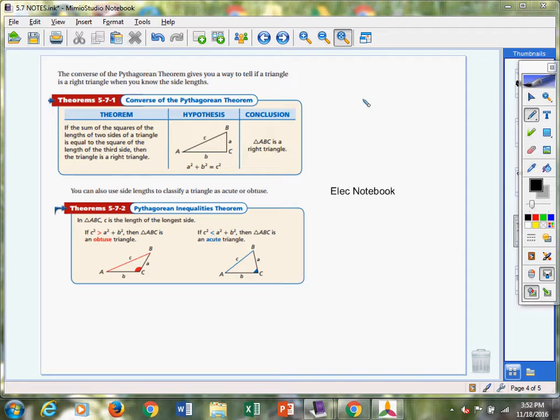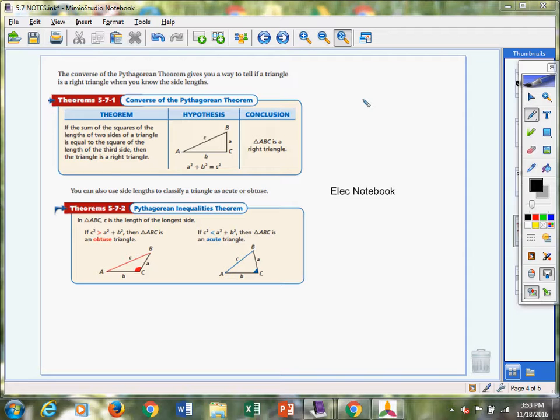When you were working with the Pythagorean theorem, we were working from the premise that it was already a right triangle, and we were using that premise to find missing sides. Because we already knew that if we added the squares of the two legs, it should equal the square of the hypotenuse. We already knew that relationship existed.